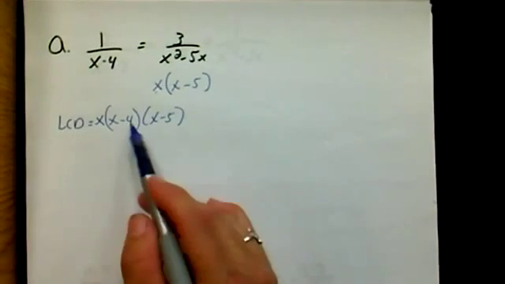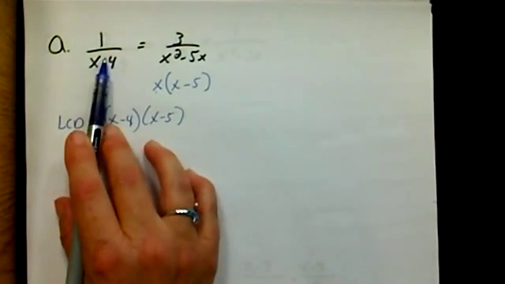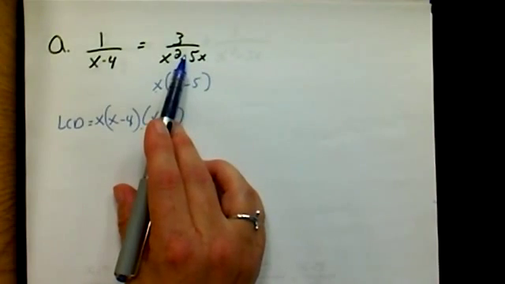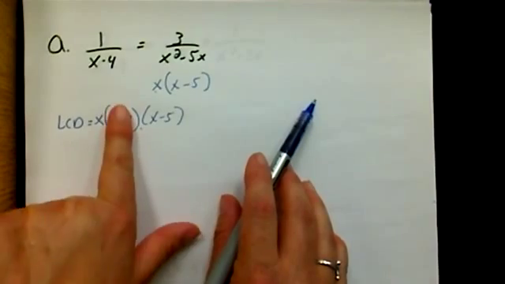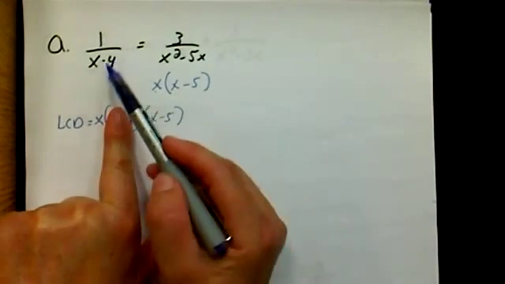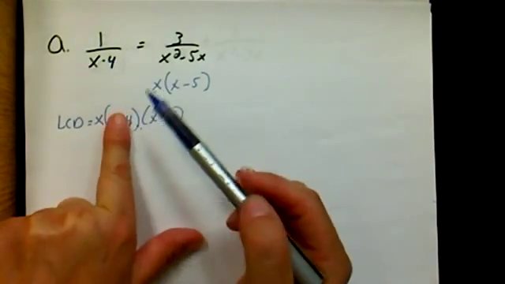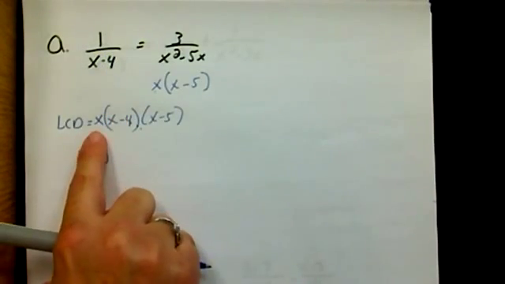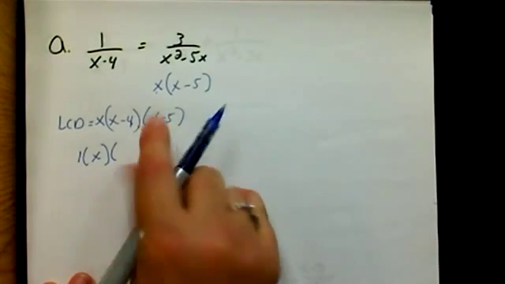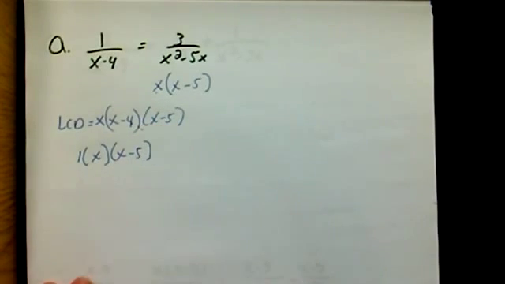So this part gets multiplied by that part, and it's also going to get multiplied by this part. When it gets multiplied by the first part, the piece that I have in my denominator is x minus 4. So the 1 is going to get multiplied by the x, and it's also going to get multiplied by the x minus 5. But notice I have no denominator now.